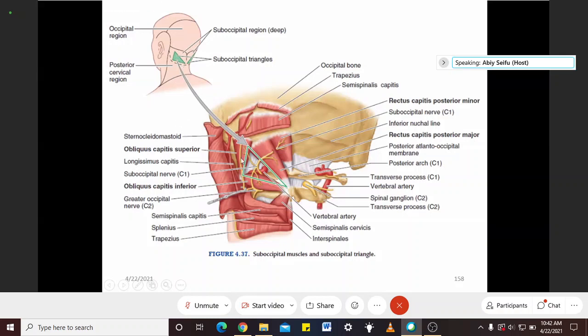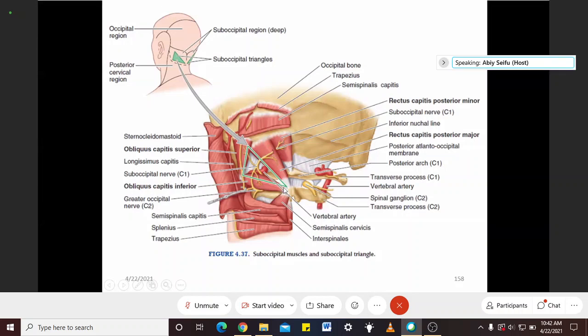These triangles are formed by muscles. Their boundaries are formed by muscles. Look at this one: the superior, inferior and lateral boundaries. The lateral boundary is formed by a muscle, the rectus capitis posterior major, and this one is the minor one.